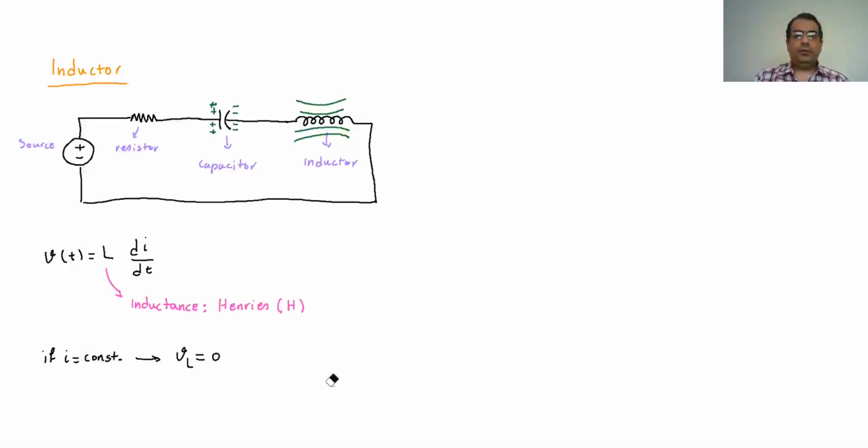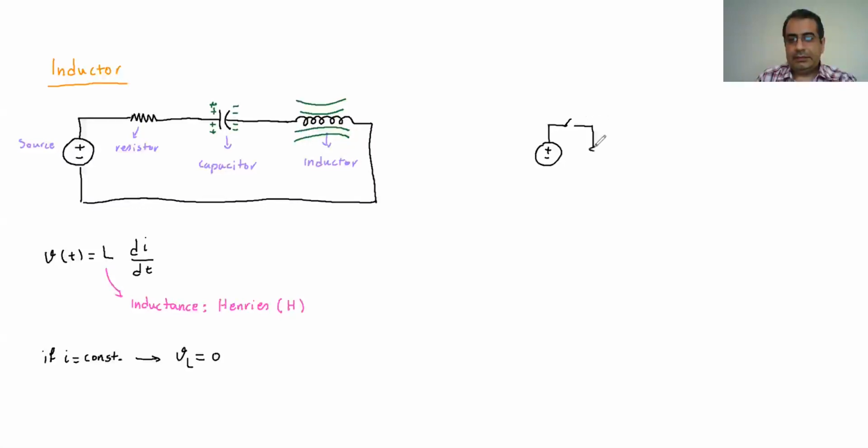Now, I'll give you an example to give you some sense of how it works. Let's assume I have a battery here. I'm going to connect that battery to a resistance like that, with a key.